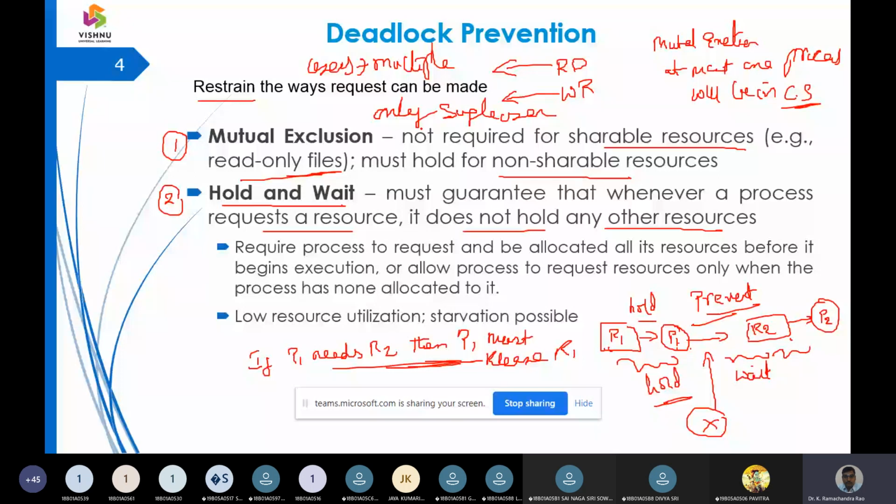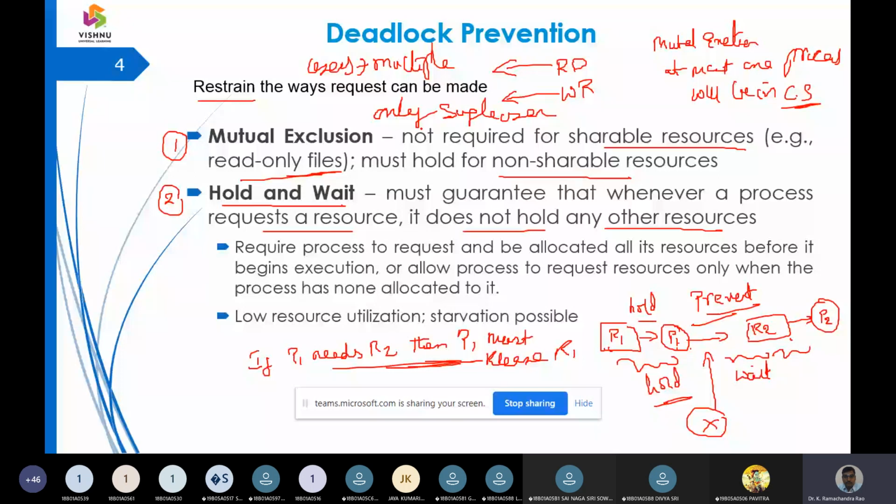When it becomes a write operation, it becomes a non-shareable item, so at most one process can hold it. But when there is a read operation, it is going to become a shareable item.